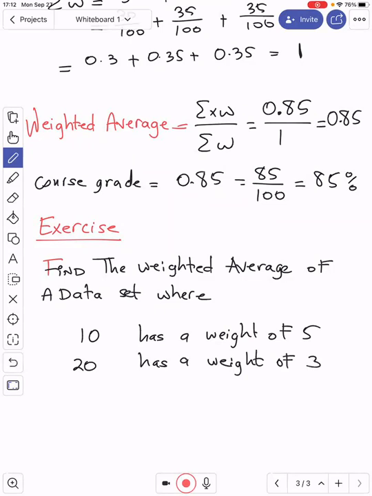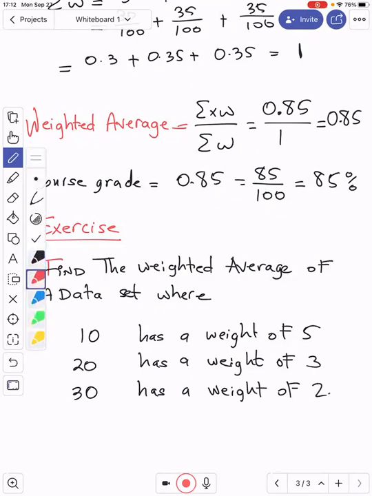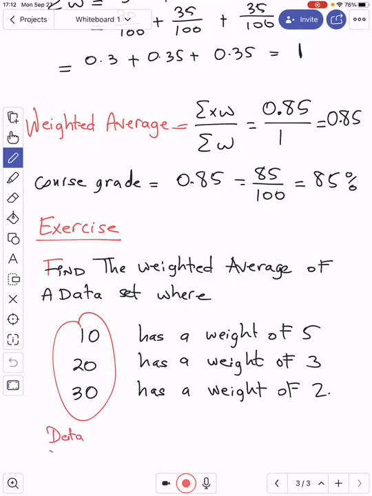And finally, the last data value is 30, and let's say 30 has a weight of 2. So your data set is just 10, 20, and 30. This is your data values. The 5, 3, and 2, of course, are the corresponding weights.